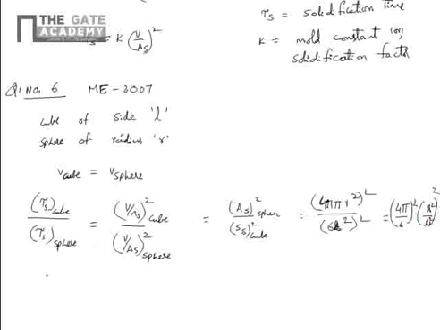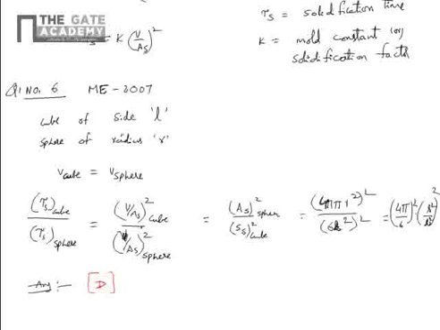So which option is the answer? The answer is option D. Simple question. Whatever condition he has given, substitute that. He has assumed that the volume is constant, so cancel V, then we will get only the surface area. So for a 2 marks question, it won't take much time, so we can solve it very fast.